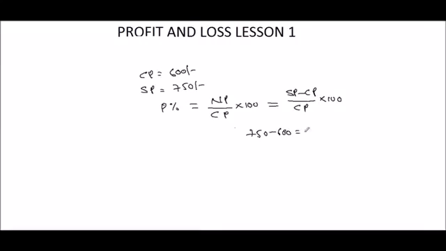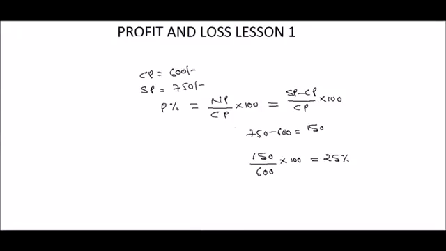Now here in this transaction the profit is 150. Profit percentage is 150 upon, always remember, cost price, into 100. So this is 150 by 600, which means 1 by 4. 1 by 4 is nothing but 25%.